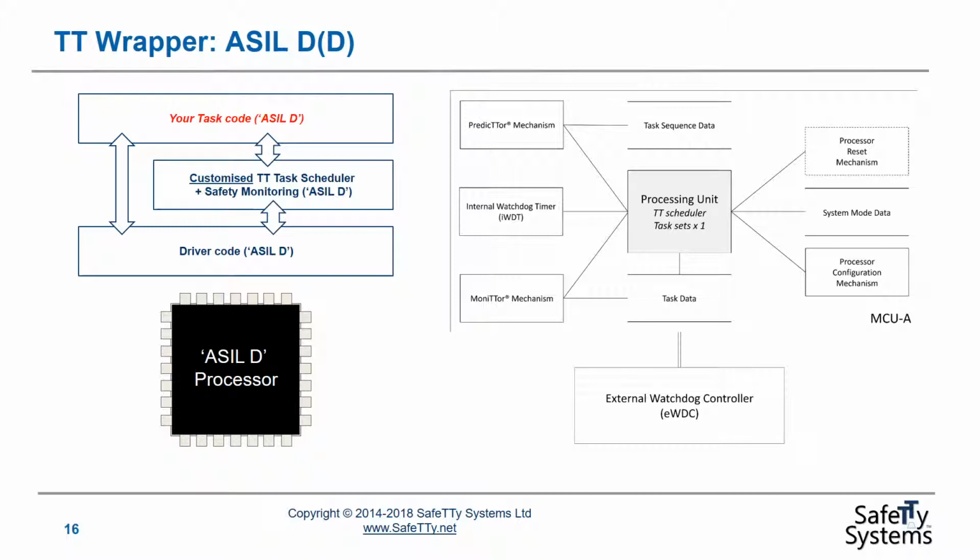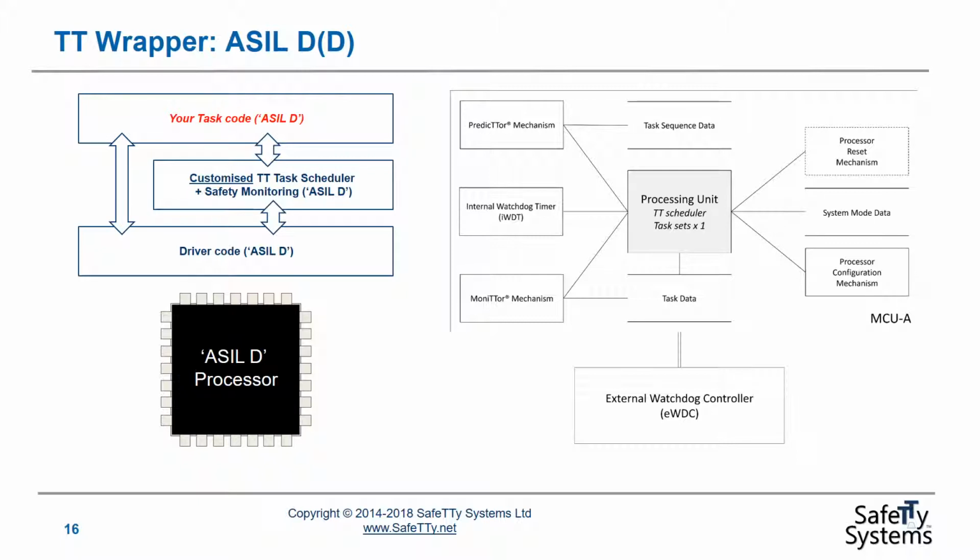Once we have the ability to create software using a TT architecture, we can then move on to create a TT wrapper for use in our application. So a TT wrapper is usually based, in this case, on an ASIL D processor platform. On this processor platform, we'll have some driver code as before.